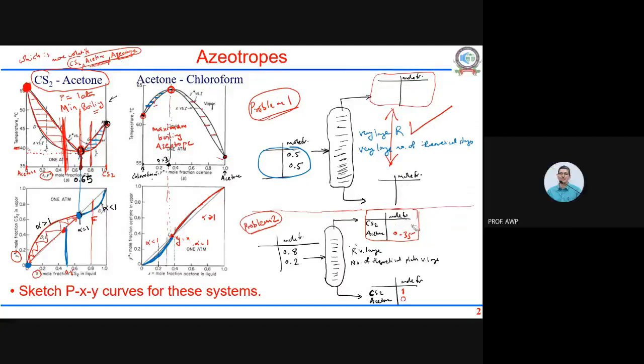Now, if you have understood, the second problem should be very straightforward. The second problem is acetone and chloroform, and I will change this also.